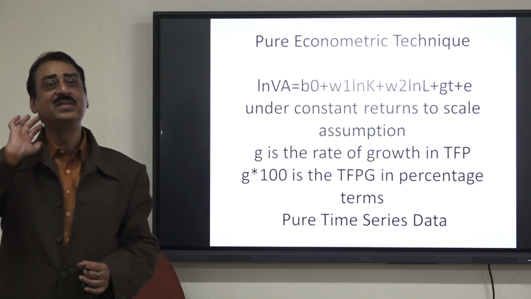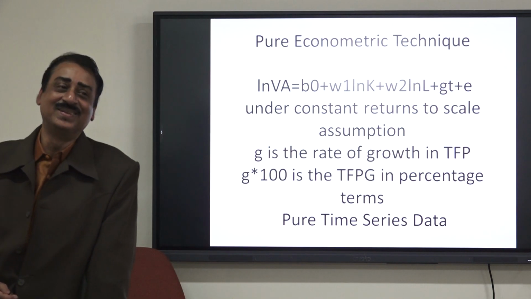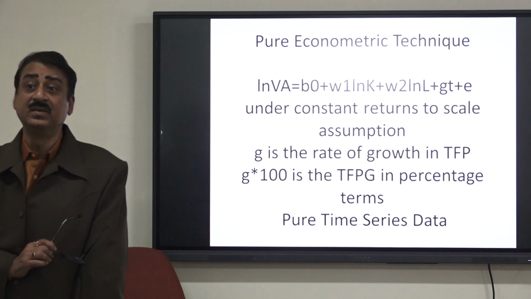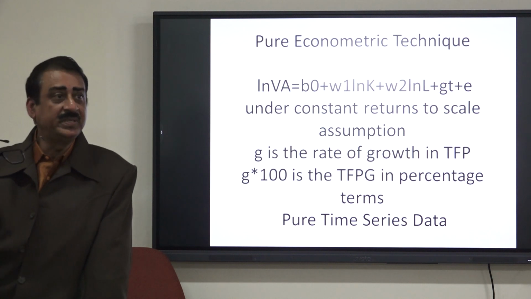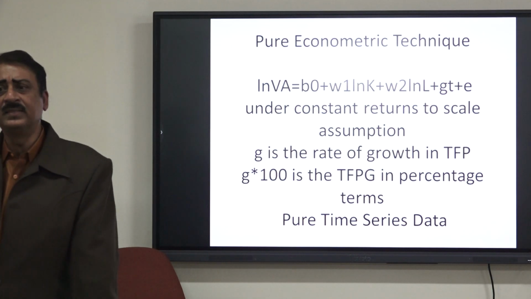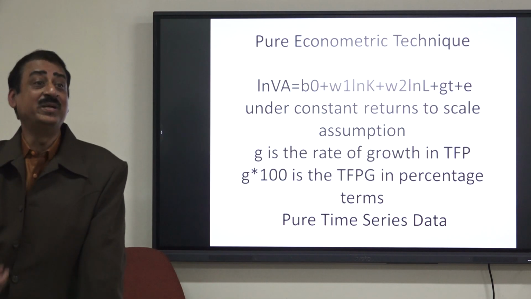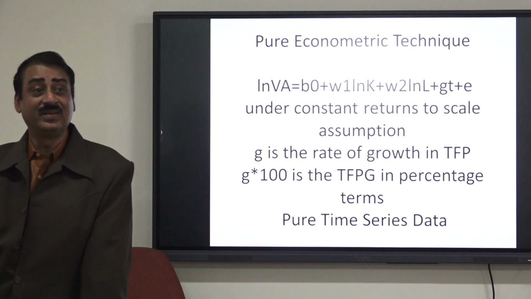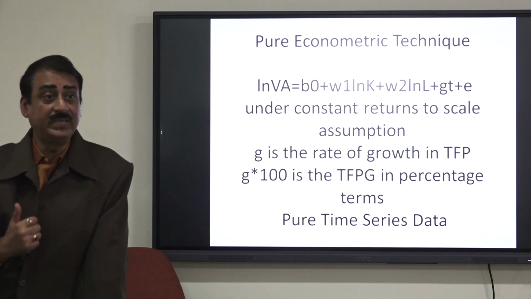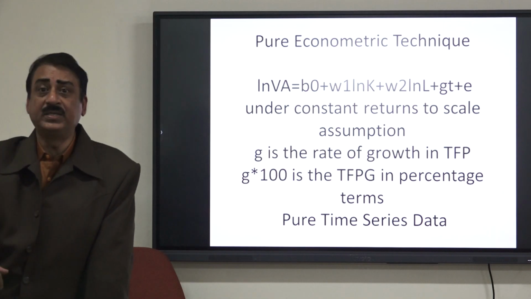And let me tell you that these three methods will not necessarily give you the same results. The methodological differences will have a significant impact on the estimation, because TFPG is very, very sensitive to two things. One is the methodology and the other is the price that you choose to convert the series into constant prices. Suppose for capital, I am taking the machine tool price to deflate the capital series.